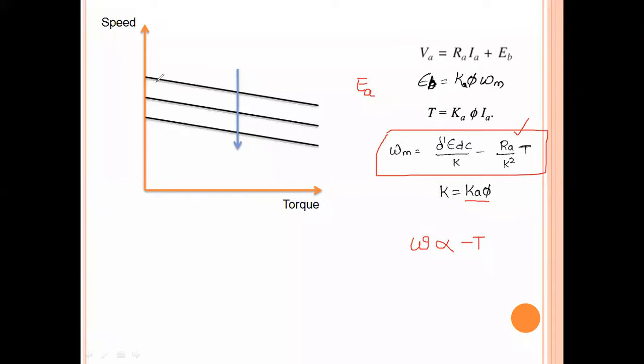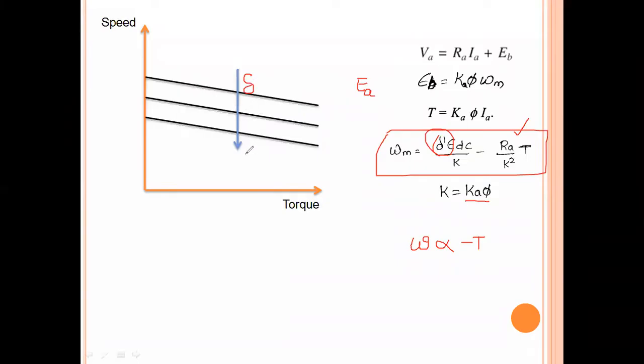That means the curves are linearly decaying. And this speed depends upon this delta value also. When this delta is high, then speed is high.